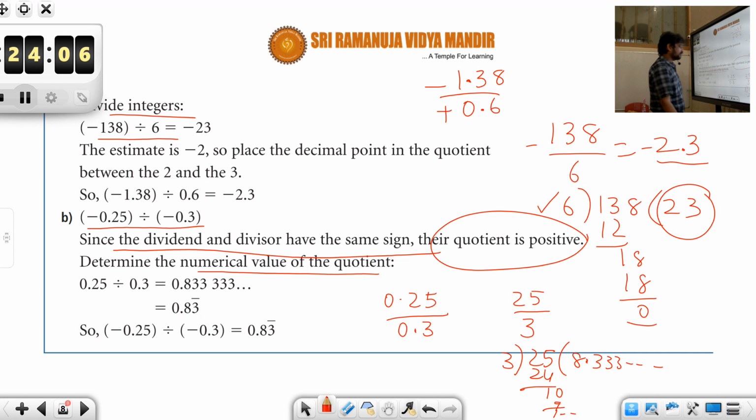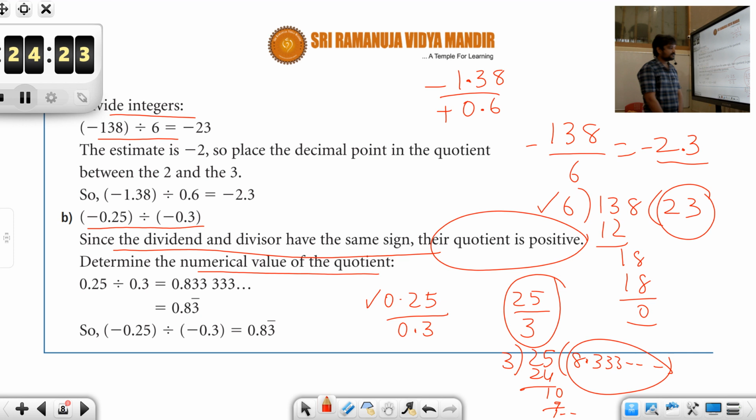But what is this? This is the value of 25 by 3, but you need to find 0.25 by 0.3. So students, can you think of this answer in terms of compatible numbers? Try this as homework. Find the compatible number of 0.25 and the compatible number of 0.3, and then find some approximate compatible answer.